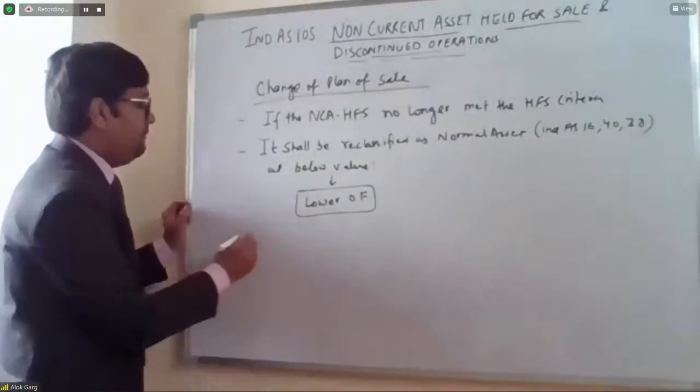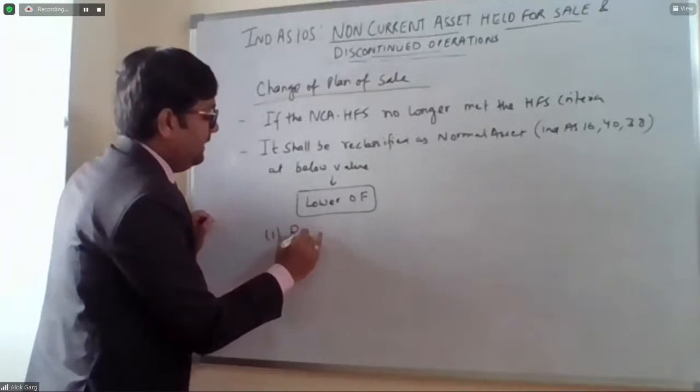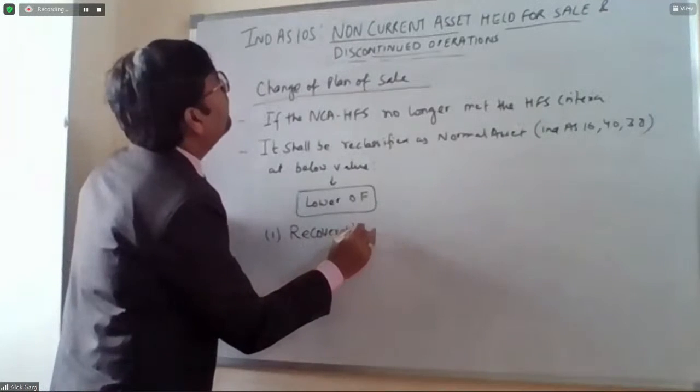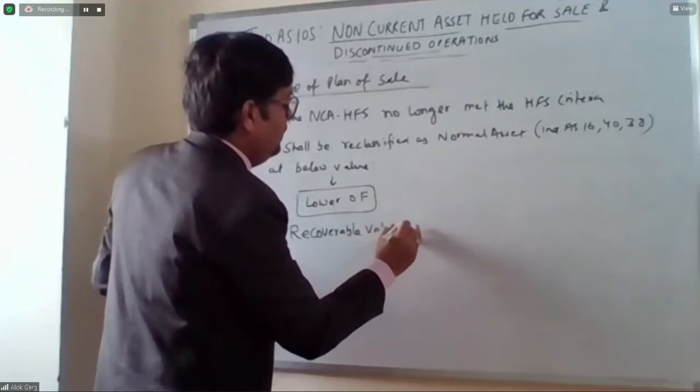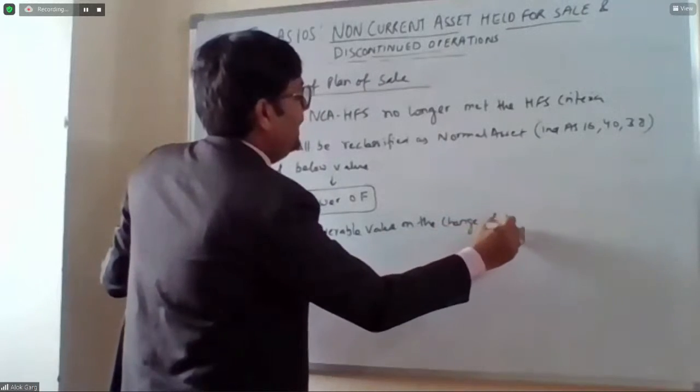Lower of point number 1, recoverable value on the change of plan.